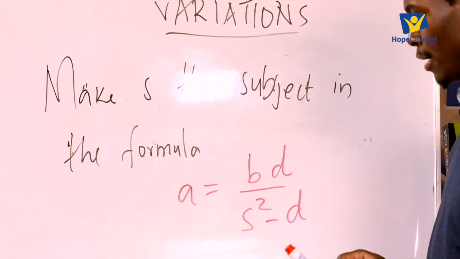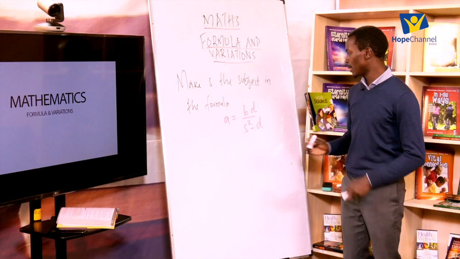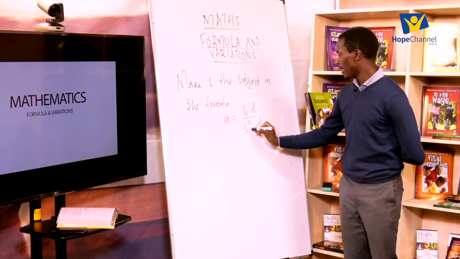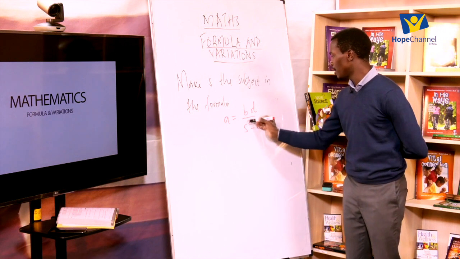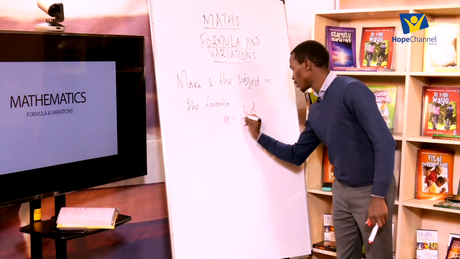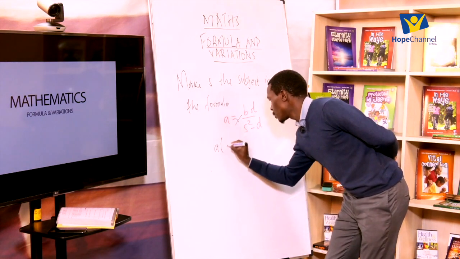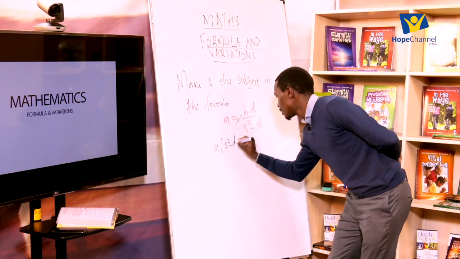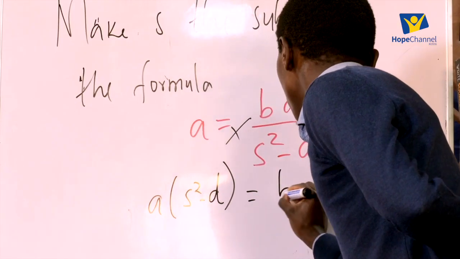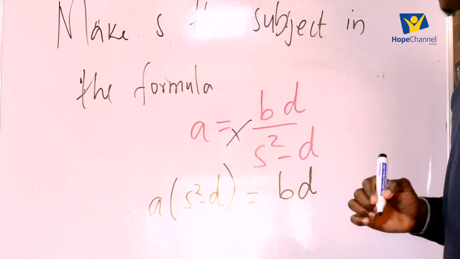So the very, very first thing that you're supposed to do is to cross multiply, so that we remove this denominator here by cross multiplying. So the first thing is to cross multiply, and that gives us a into s squared minus d being equal to bd. That is the very, very first step.